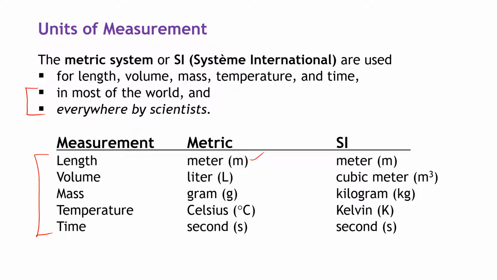One note, you don't really need to know that, for example, the gram is the standard unit for the metric system and the kilogram is the standard unit for the SI system. You need to understand all of these units, but you don't really need to distinguish between metric and SI. Going forward, I'm just going to say metric system. I think it's more familiar to us than saying SI.